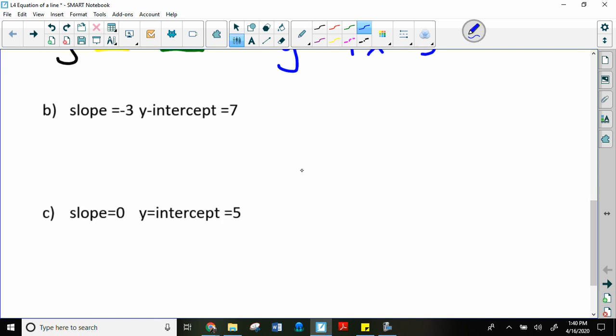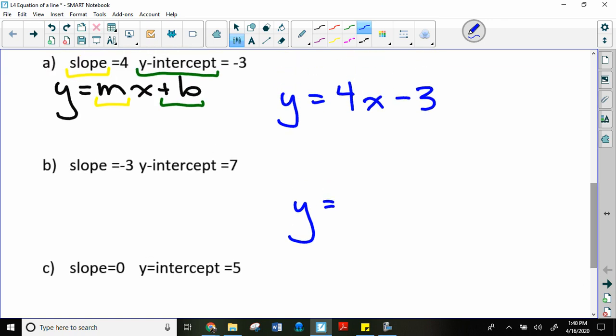Okay, this one, y equals, replace the m with slope, negative 3. Then we have to put the letter x. And then replace the b with 7, and that's a positive 7. Good.